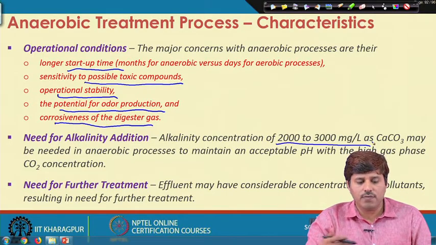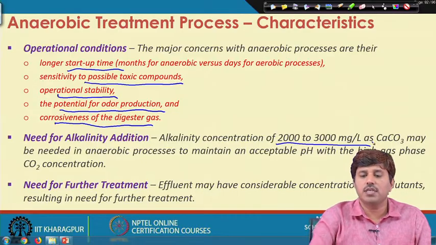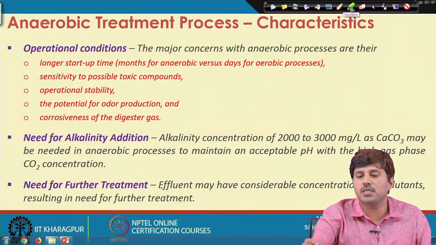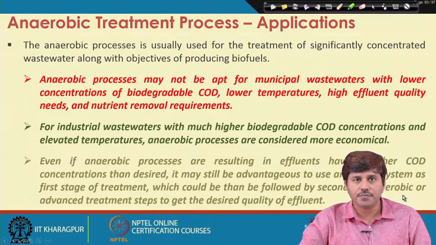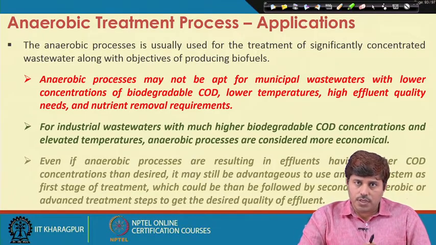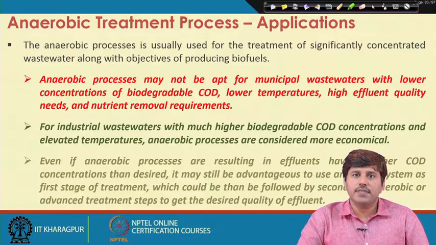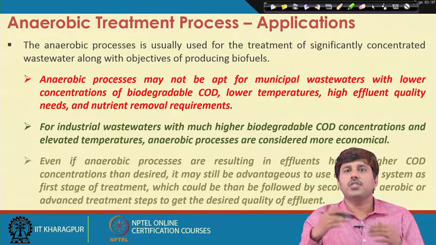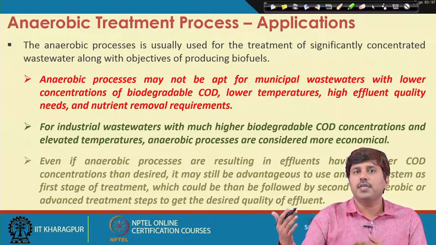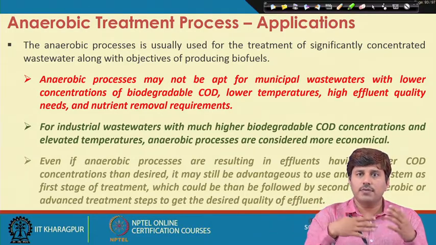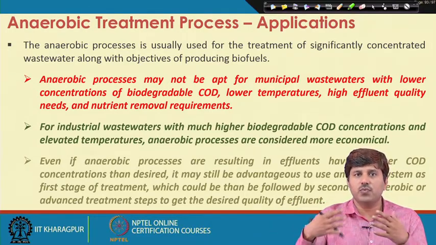That is why there might be a requirement of further treatment in the case of anaerobic treatment processes if it is not meeting the desired criteria. Even after these limitations, as we discussed in the earlier week, the number of installations of anaerobic reactors is increasing exponentially. So, we discuss what makes it attractive as well.